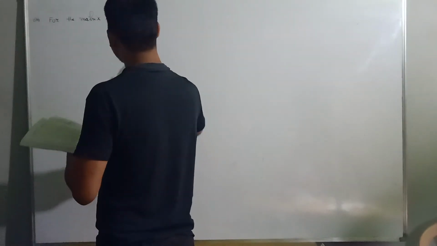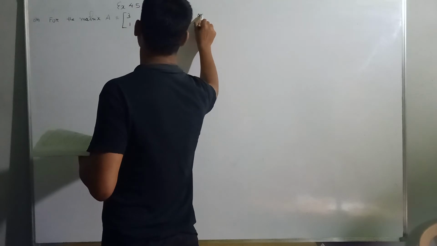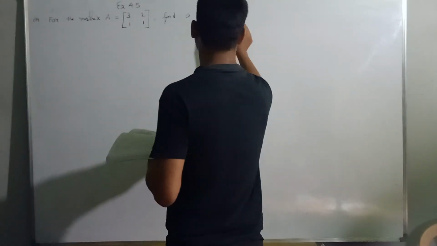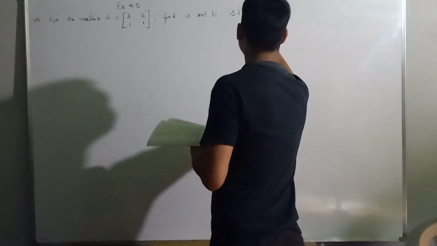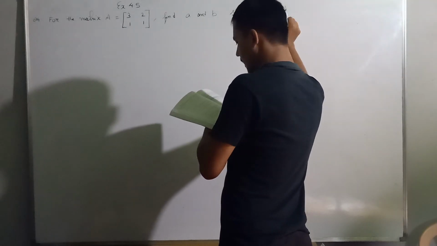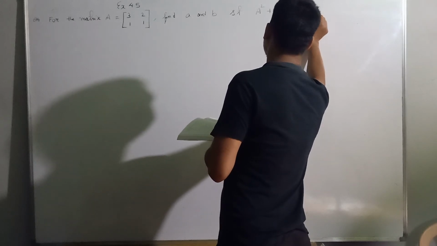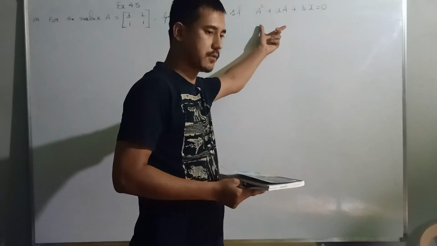Find the numbers a and b. We have to find a and b such that A squared plus small a times the matrix A plus small b times your matrix I is equal to 0. This is the given condition now.